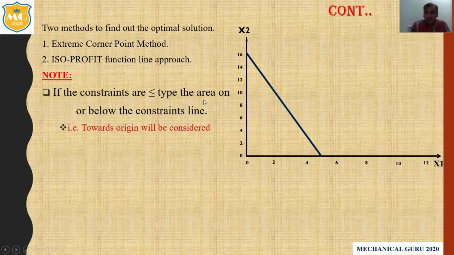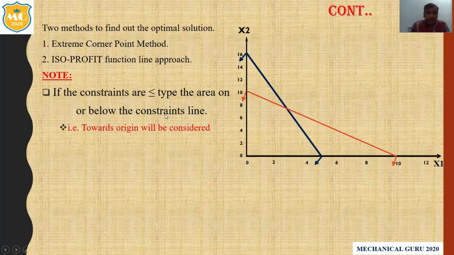In that we have to identify in this way. When the sign is less than or equal to, we have to draw the arrow towards the origin, in this way. Second constraint, suppose 10x1 plus 10x2 less than or equal to 100. Same, here the constraint is less than or equal to, so again it is represented this way.